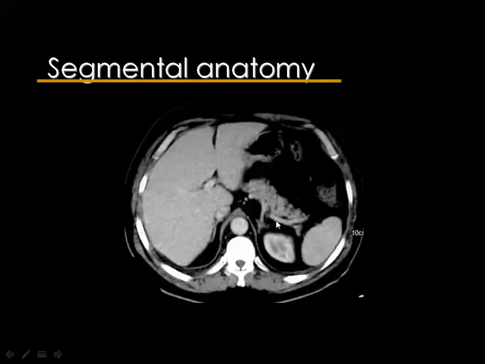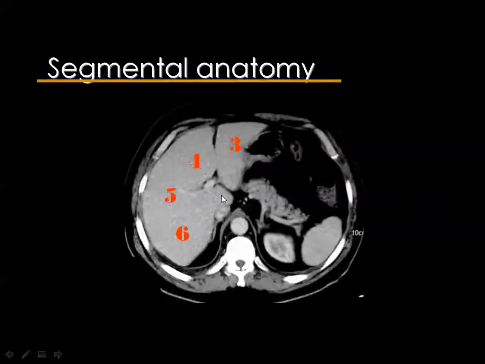The splenic vein and the pancreatic tail are the reference for the lower sections, and the lower sections go in serial, and this is segment 3 and this is 4 and this is 5 and this is 6.